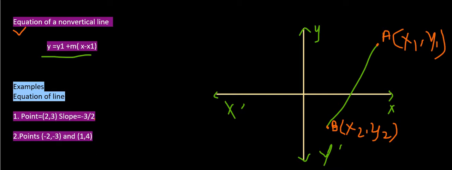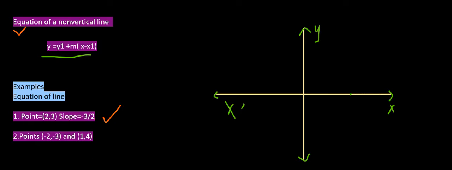So if we solve examples of these, we can clear this concept. Suppose we have 2 points, that is x1 and y1.